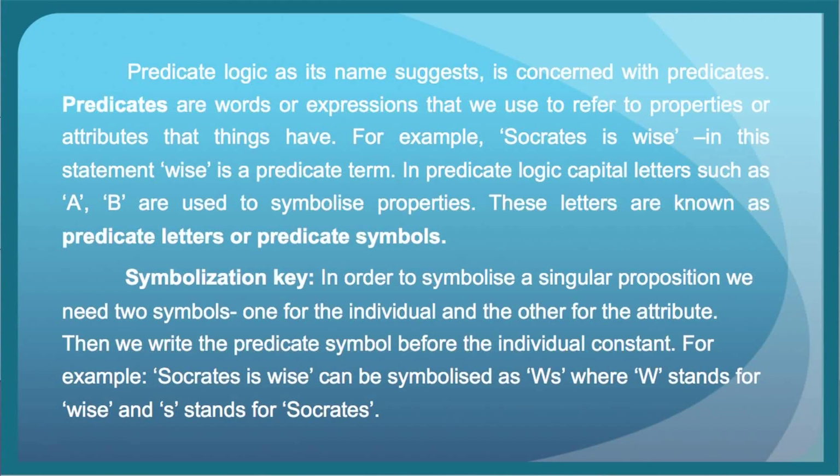In order to symbolize a singular proposition, we need two symbols, one for the individual and another for the attribute. Then we write the predicate symbol before the individual constant. For example, Socrates is wise can be symbolized as Ws. The predicate part we write first, and the subject part after it, and the predicate part is symbolized with a capital letter.